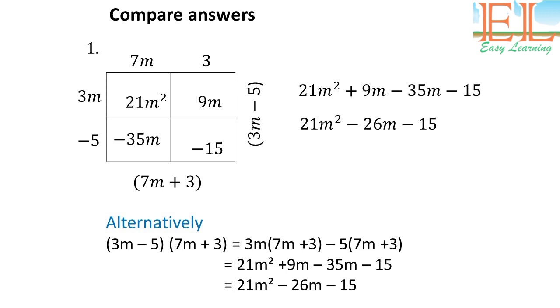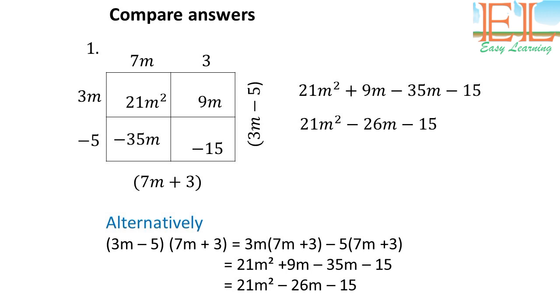Let's take the alternative solution. You could also decide to use the distributive property straight away. So here, 3m minus 5 times 7m plus 3 could be written as 3m multiplying the second bracket as we have seen, and negative 5 also multiplying the same brackets. So this gives 3m times 7m plus 3 and negative 5 times 7m plus 3.